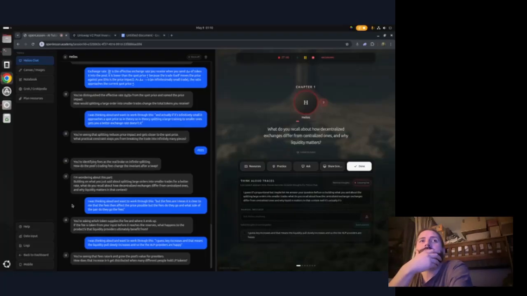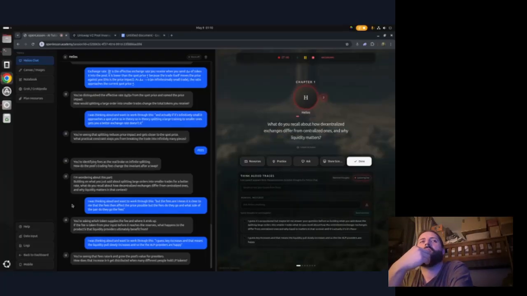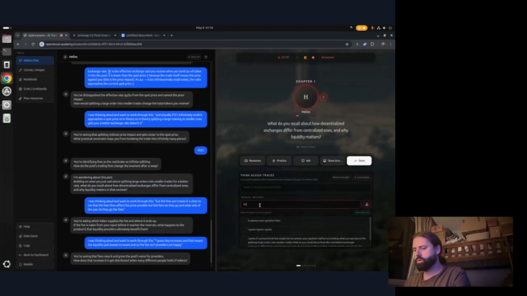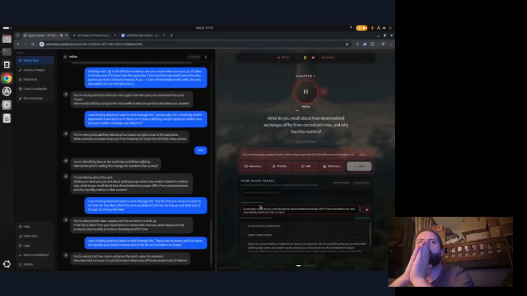Well, to answer your question here, that's a key difference, because in a centralized exchange, price is determined by demand, right?